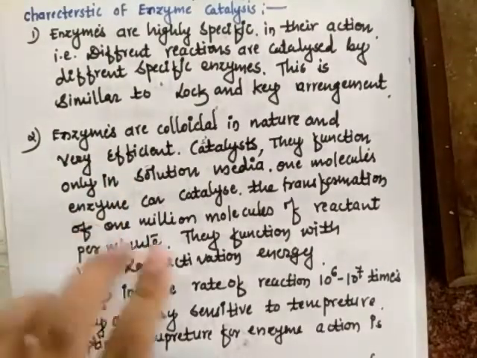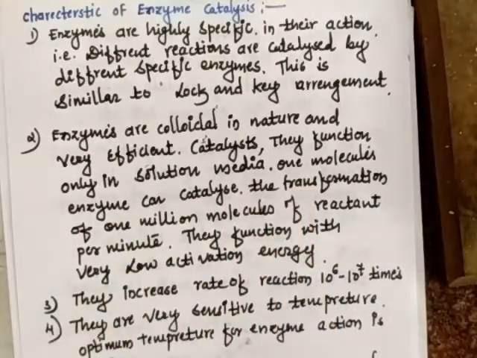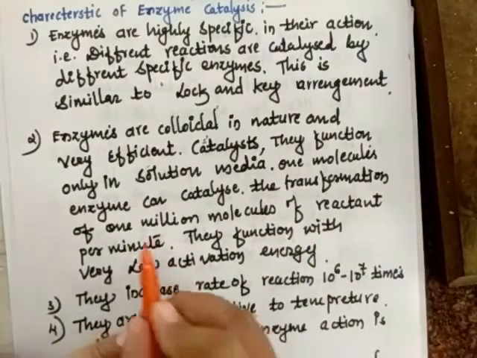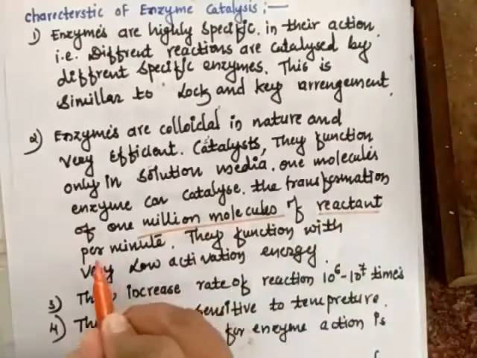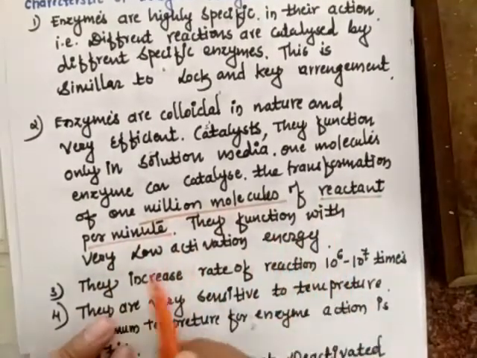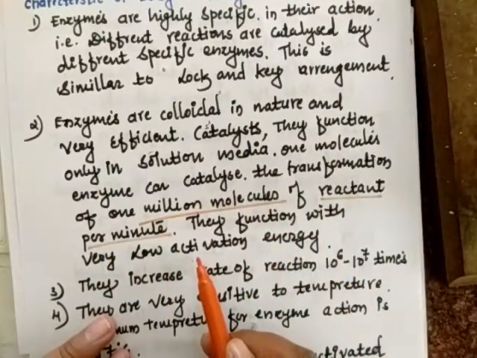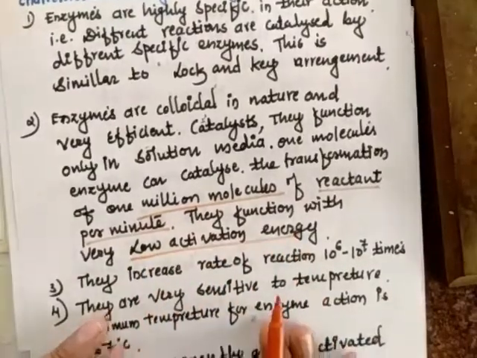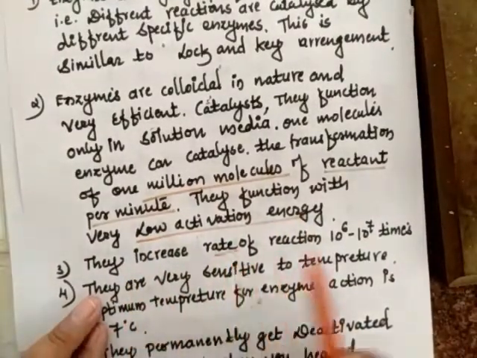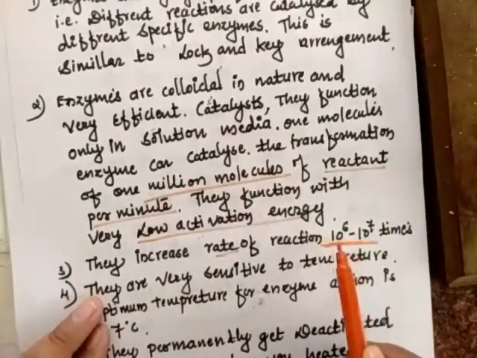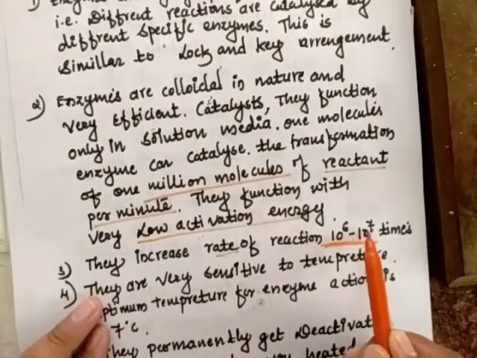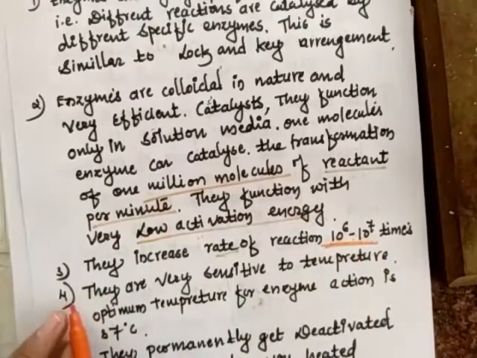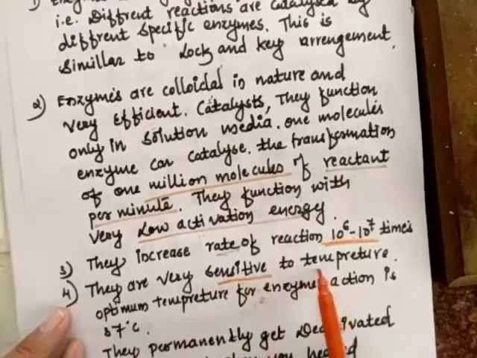One molecule of enzyme can catalyze the transformation of 1 million molecules of reactant per minute, and they function with very low activation energy. Third, they increase the rate of reaction by about 10 to the power 6 to 10 to the power 7 times. Fourth, they are very sensitive to temperature.